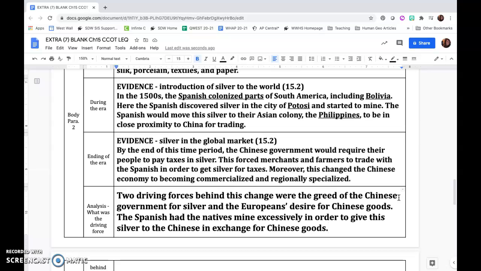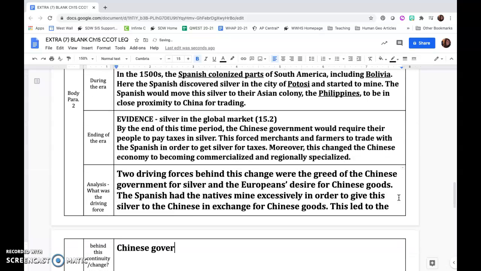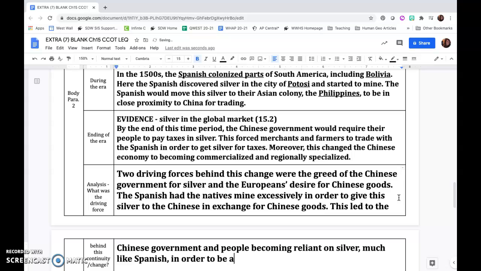So we had the Spanish bringing the silver from their colonies. This also led the Chinese government and people becoming reliant on silver, much like the Spanish, in order to be a part of this global network.